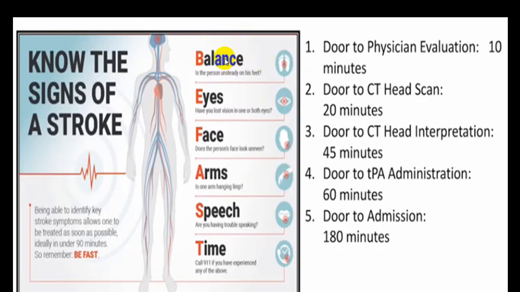So indirectly, after estimating rapidly, we call it BE FAST.